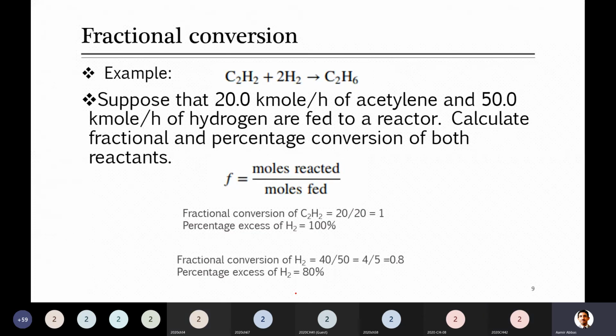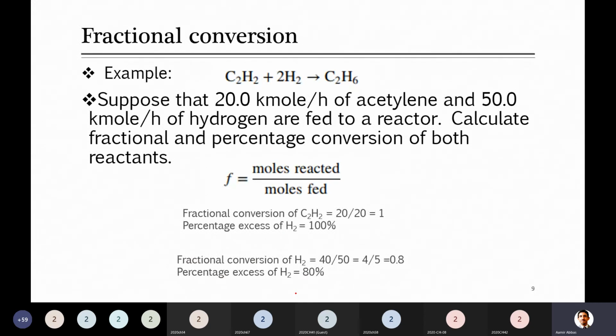So I think it's clear now. For hydrogen, 50 moles enter the reactor system, but we just discussed that out of those 50, 40 will react with the acetylene and produce the product. So 40 are reacted, 50 entered, so it is 0.8 fraction or 80% of hydrogen that's converted, that's the fractional conversion.